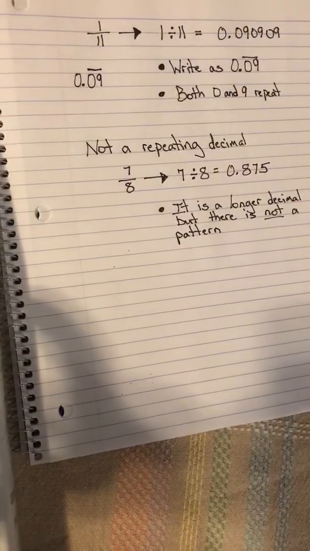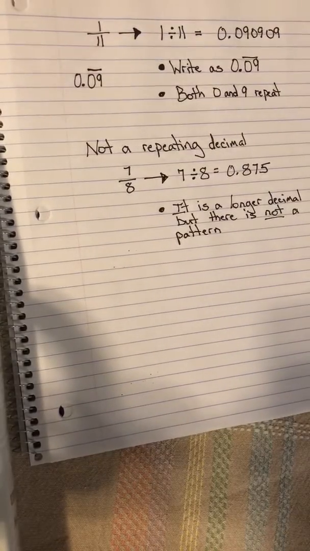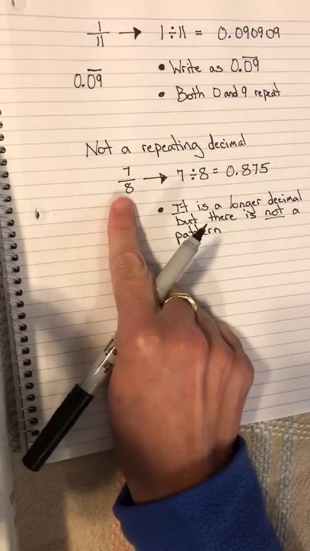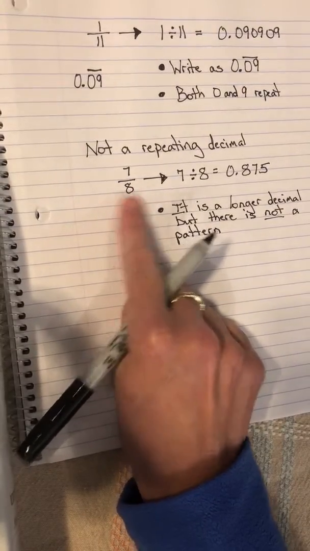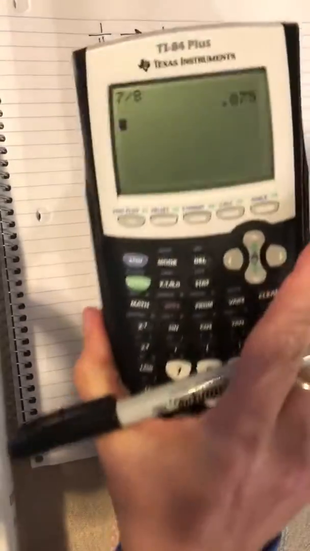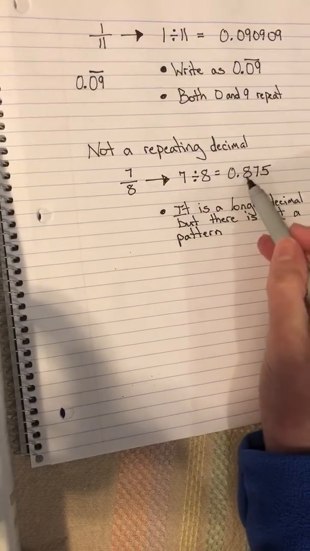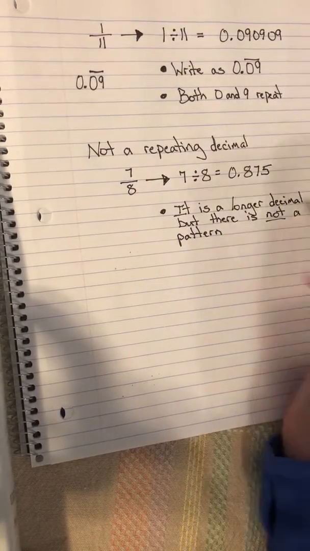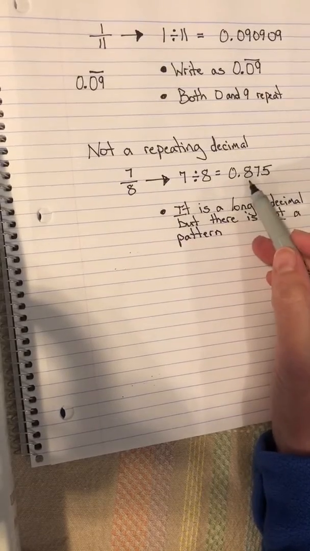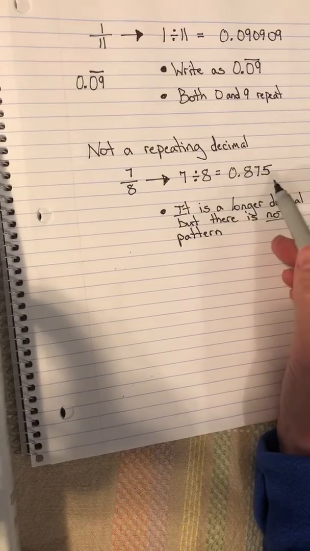Now the last one, I want to show you a decimal that sometimes people think is a repeating decimal. We have 7/8, so you would put in 7 divided by 8, and you come up with a longer decimal: 0.875. This is not a repeating decimal. It's just a decimal that has a longer answer.